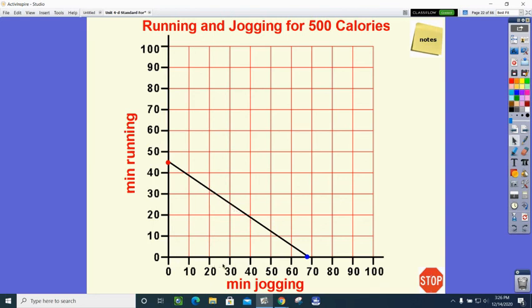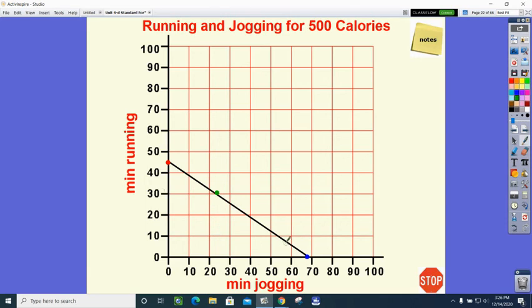If you were to pick any point on this line, that would be a combination of minutes jogging and minutes running that would burn 500 calories. So I'm just going to grab a dot here, and I'm going to pick a different color so it doesn't look like mine. Like, right there. That's about 22 minutes jogging and just over 30 minutes running, and you'd burn 500 calories.